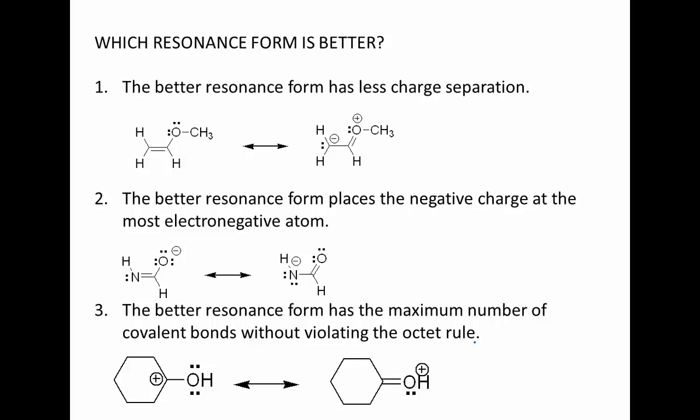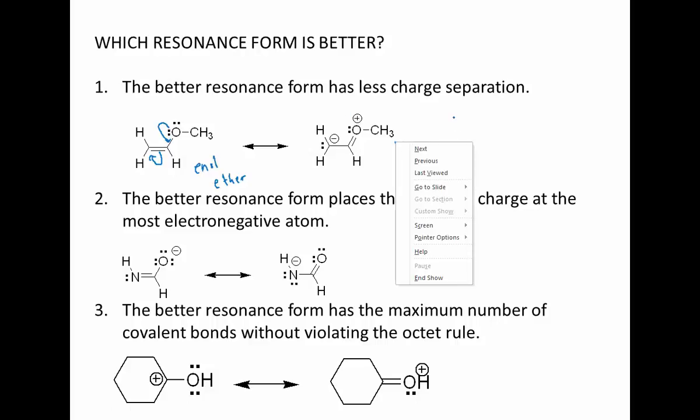Let's look at which resonance form is better. The better resonance form has less charge separation. When I look at this compound here, which is known as an enol ether, a resonance structure that I can write involves taking the oxygen lone pair and making a structure that way.